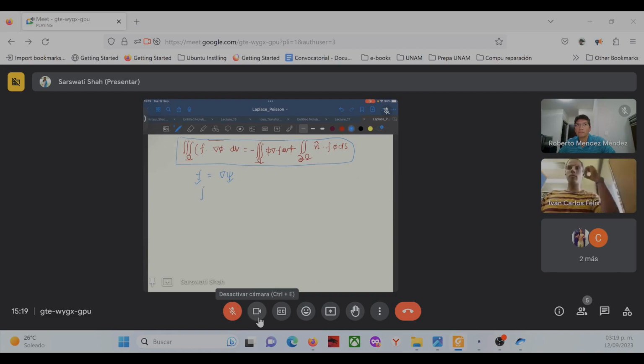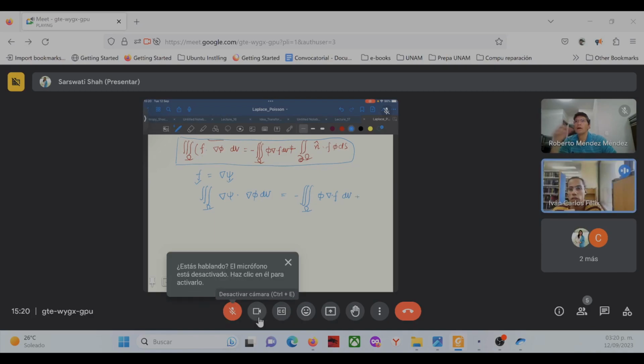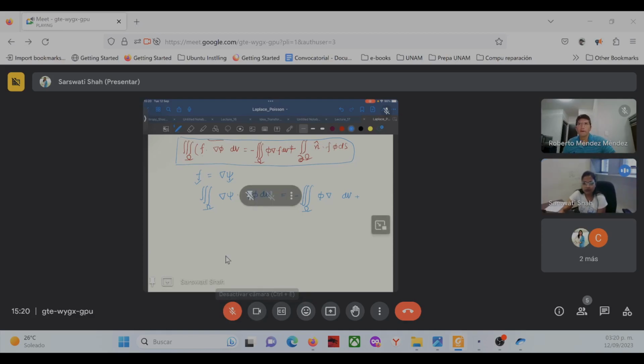Then the equation becomes... This is also writing the Green's identity, because we are going to use the Green's identity, and then we are going to study this Green's function as well.